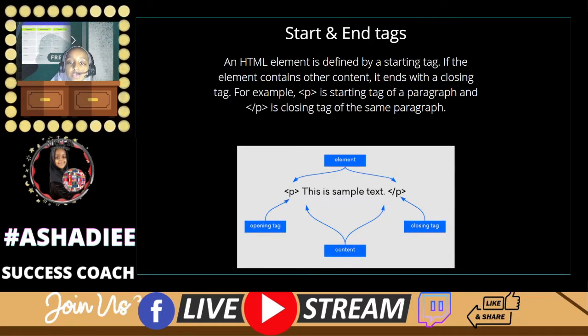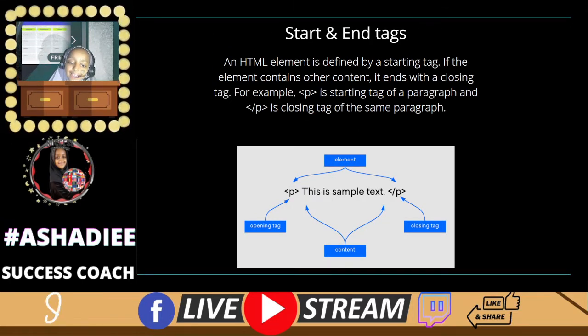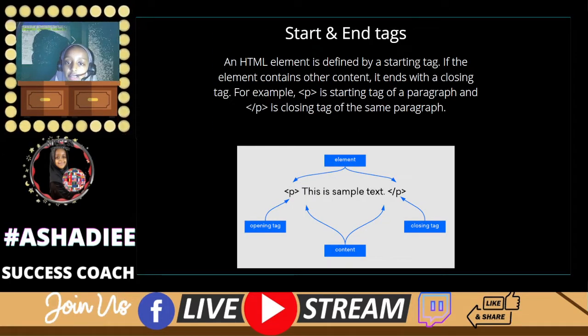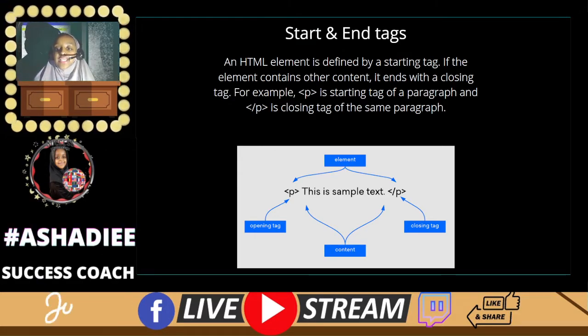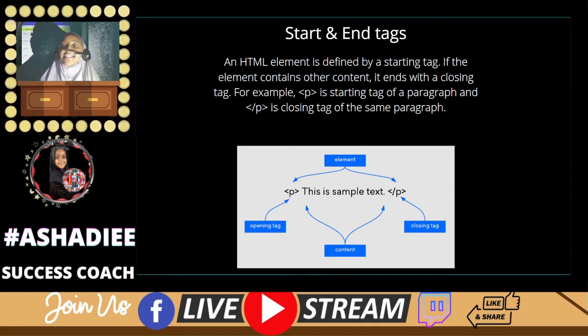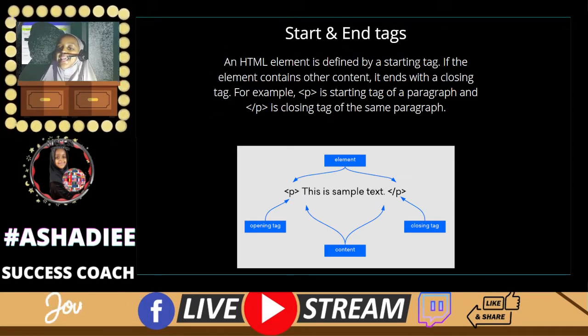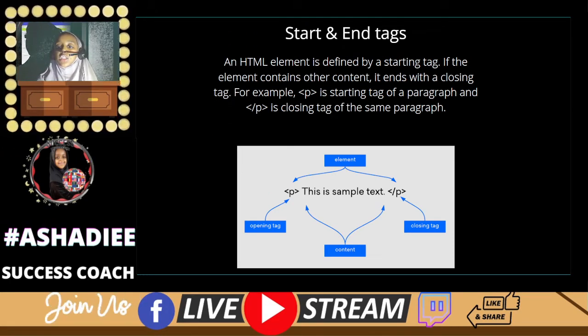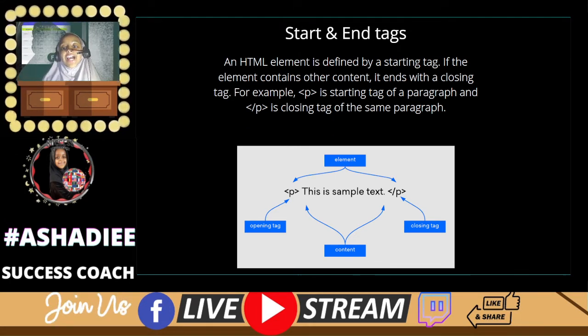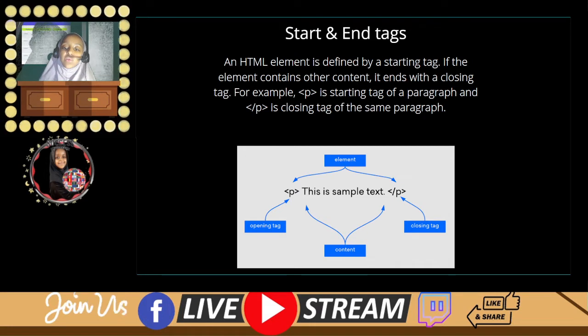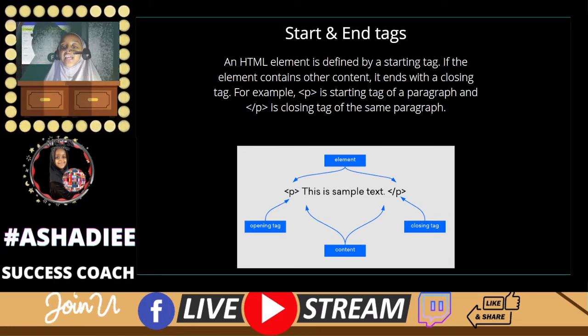Here we go, next one. Start and end tags. An HTML element is defined by a starting tag. If the element contains other content, it ends with a closing tag. For example, P is the starting tag of a paragraph and closing P is the closing tag of the same paragraph.